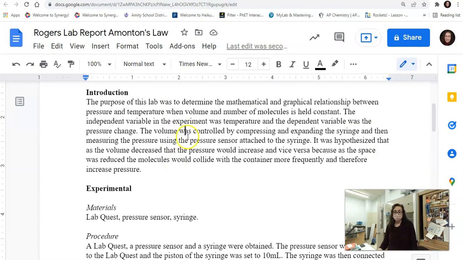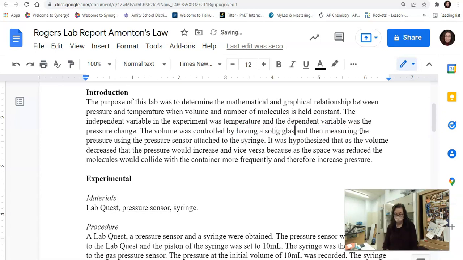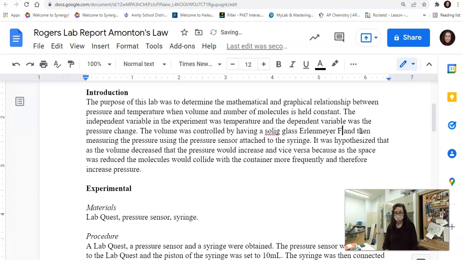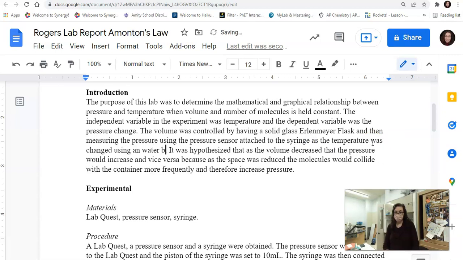The volume was controlled by, not this, right? So this was changed. The volume was controlled by having a solid glass Erlenmeyer flask, and then measuring the pressure using a pressure sensor attached to the syringe as the temperature was changed using a water bath.